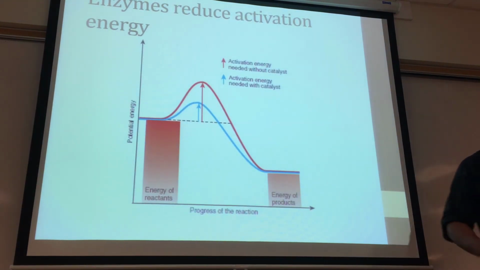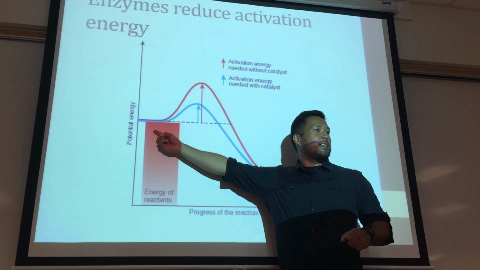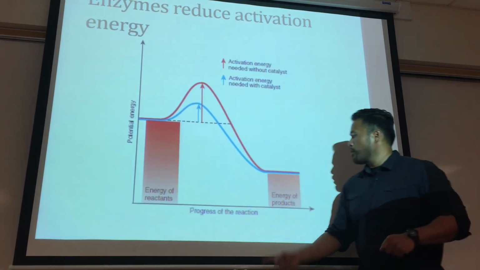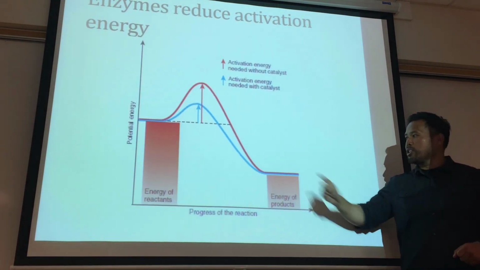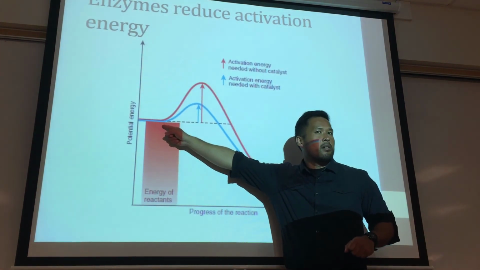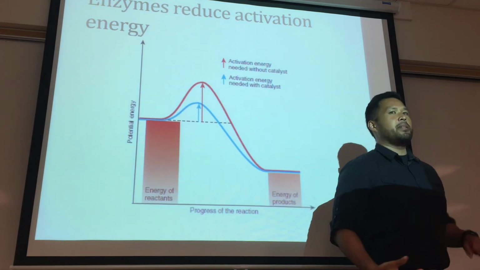So in those cases, enzymes reduce the amount of energy that's required. The product of man and woman, or reactants, stays the same. If we measure the amount of potential energy, that remains the same. If we measure the potential energy in baby, that remains the same. We're not changing the structure of baby. We're not changing the structure of man and woman. All we're doing is helping that process take place a little bit.